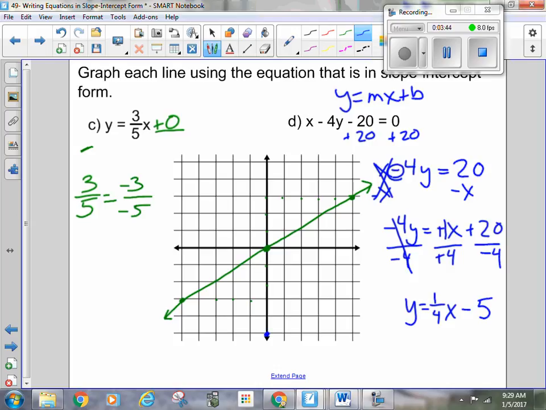And my slope is rise of 1 and positive 4. So I'm going to go to the right 1, 2, 3, and 4. Or 1/4 is the same thing as negative 1/4, or negative 1 over negative 4. So I can go down 1 and to the left 4. So down 1 and to the left, 1, 2, 3, and 4. And there's my other line.